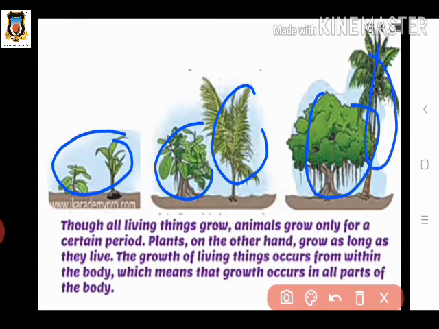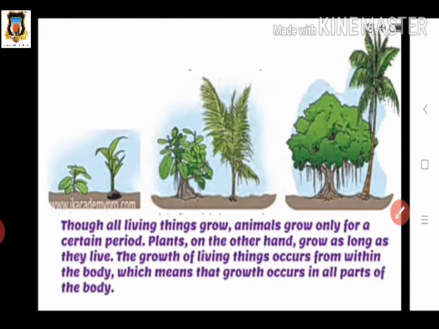So this growth does not stop during its life. It stops after the death of the tree, or the plant. So plants grow as long as they live, but other living things do not grow up to their death.